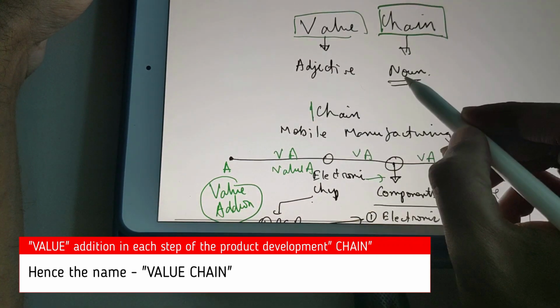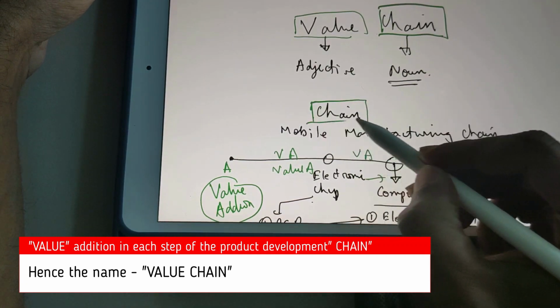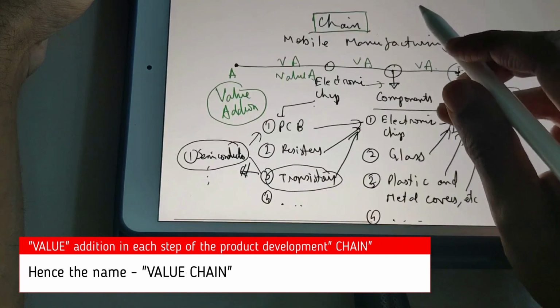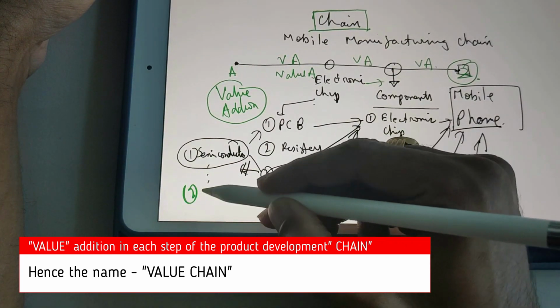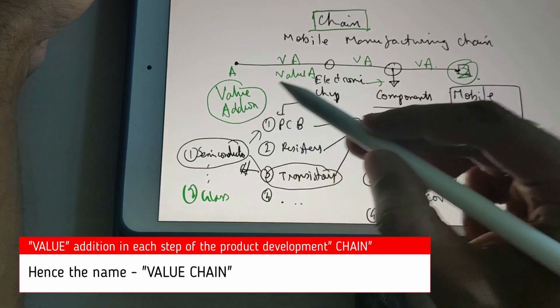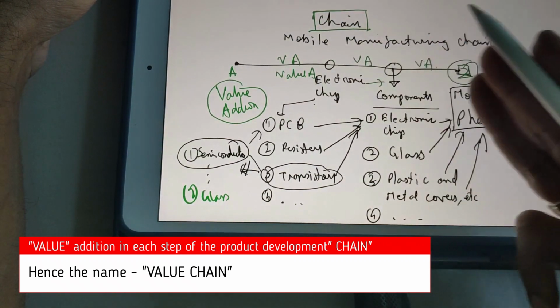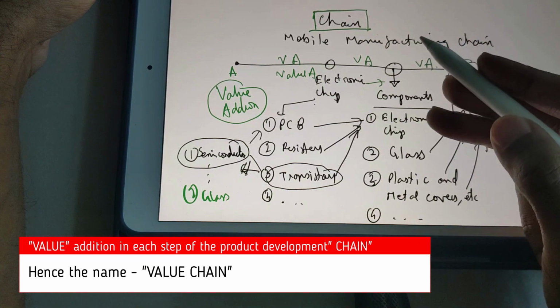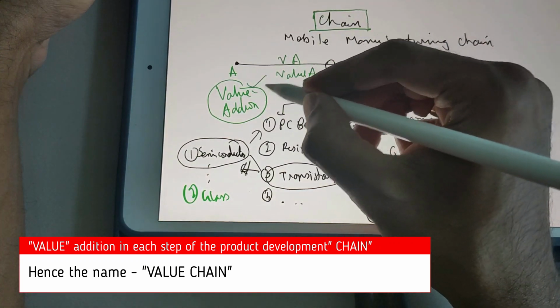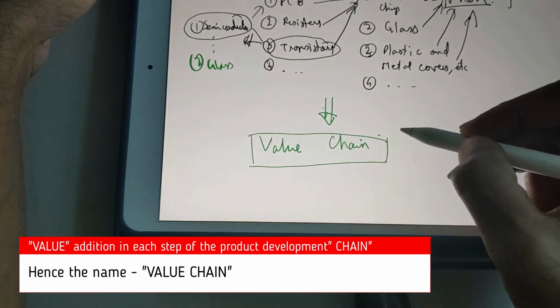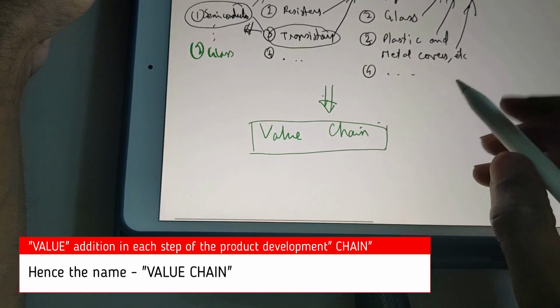One is a noun, one is an adjective. First let's explain the chain, which is from semiconductor, and maybe here you'll have glass, etc. It goes on to become different components, and at each step of the chain there is a value addition, and therefore you call it a value chain.